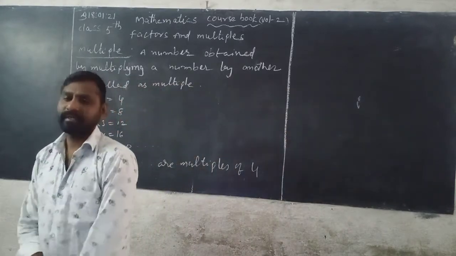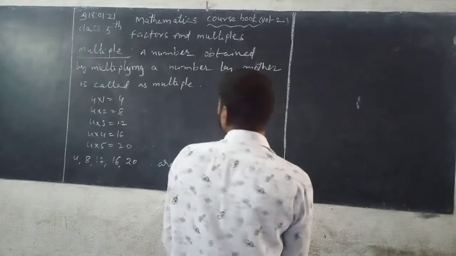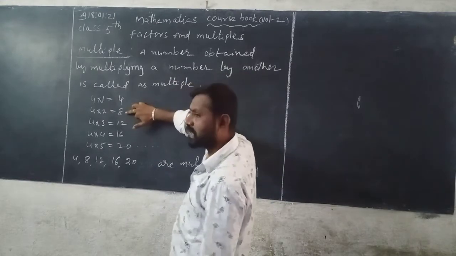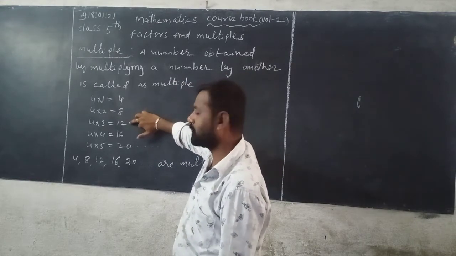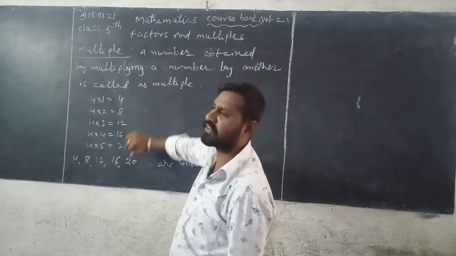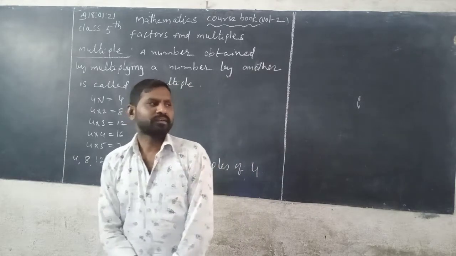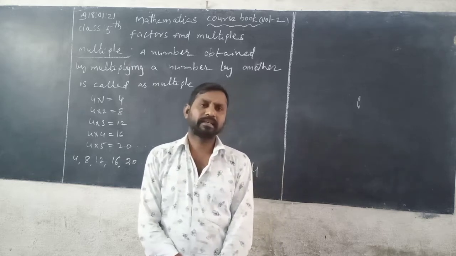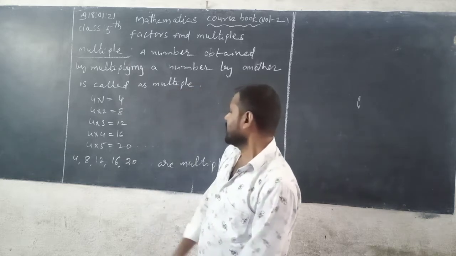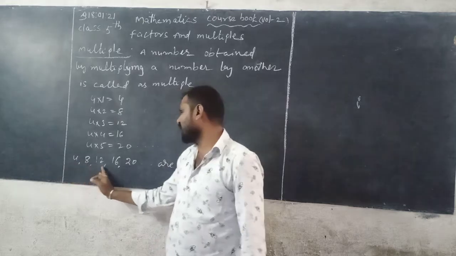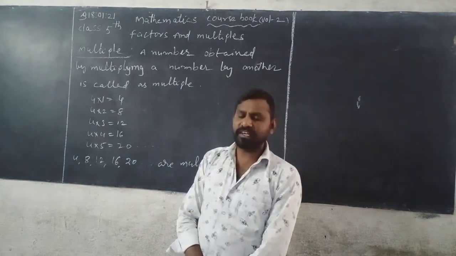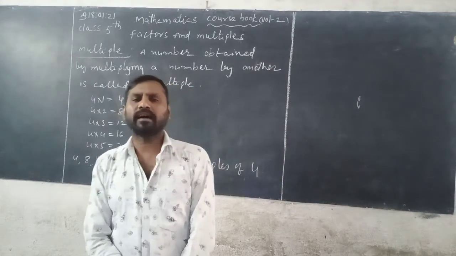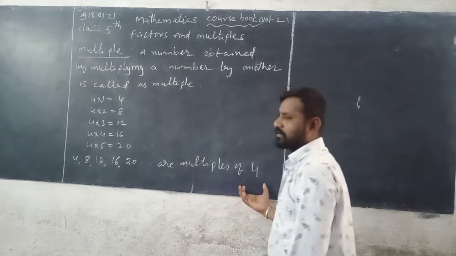Do you understand? 4 6s are 24, 4 7s are 28, like that. These are called multiples of 4. So everybody write down.